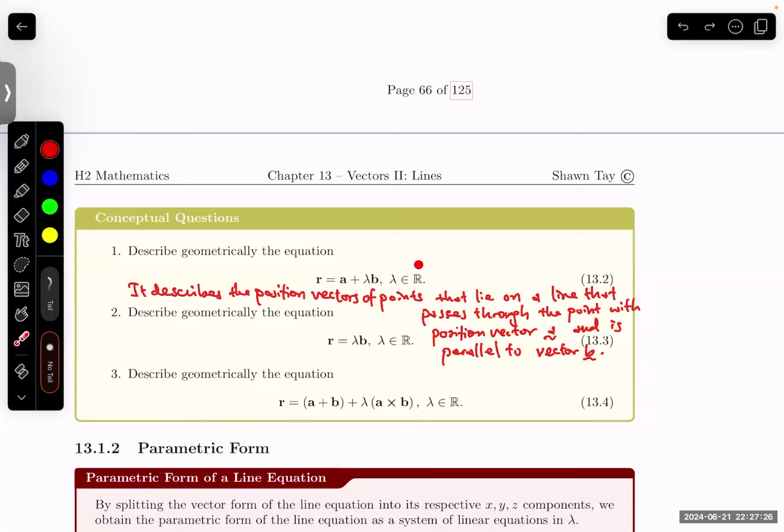Okay, if you look at this equation, there are no points. In fact, there are no coordinates. It's just vectors. We are talking about position vectors. We are talking about this point, but we are really focusing on the position vector. We're also talking about this direction vector. It's all vectors, not points.